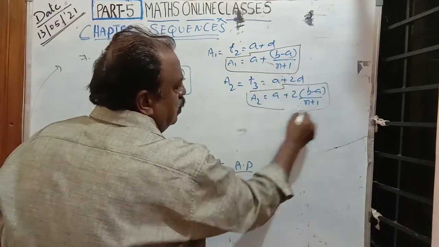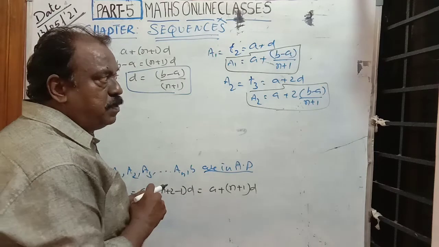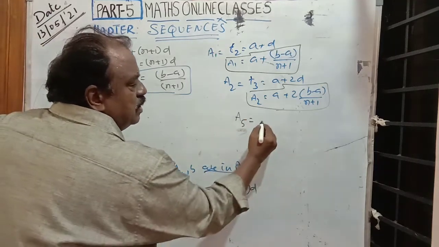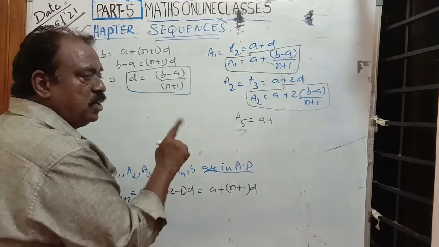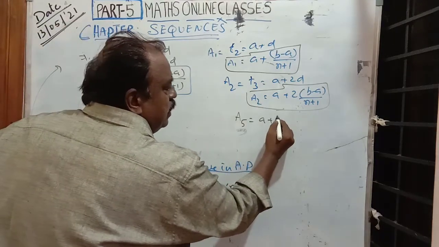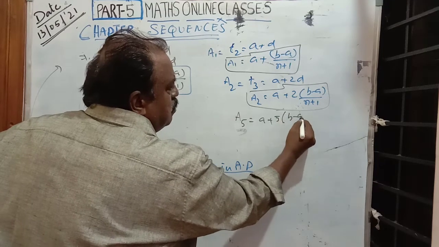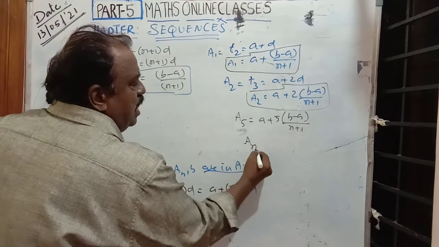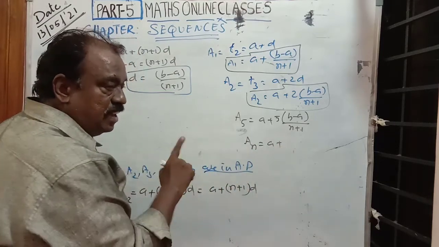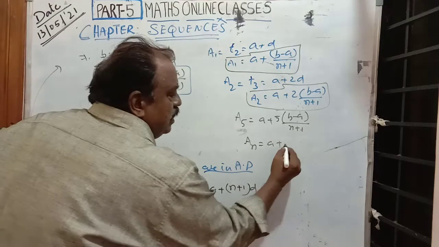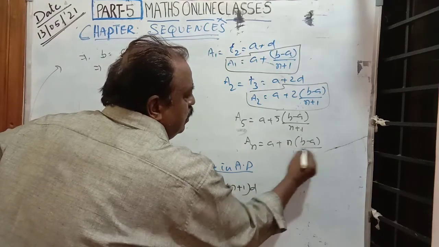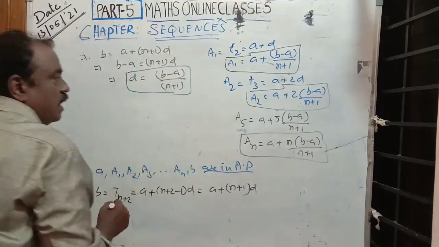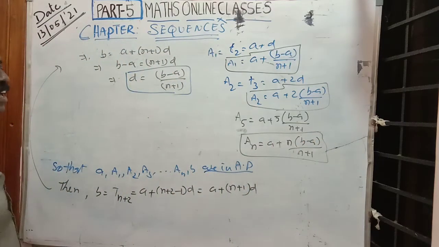A2 is A plus 2 of (B minus A) by (n plus 1). Suppose A5 is needed. It is small a, first term, plus 5 of (B minus A) by (n plus 1). Suppose An is asked. That is the last number. It is n of (B minus A) by (n plus 1). That is the formula.